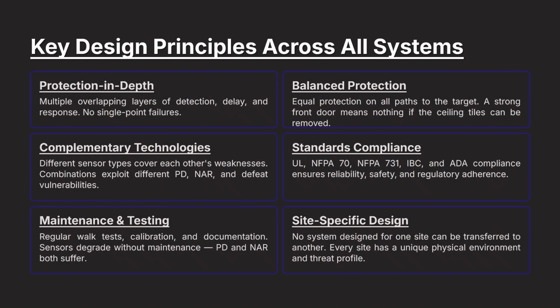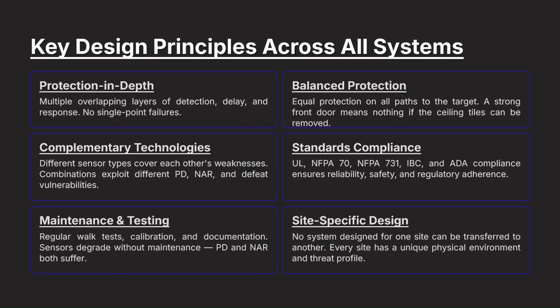Across all electronic security systems, certain design principles remain fundamental. Protection in depth ensures multiple layers of defense, reducing reliance on any single system. Balanced protection focuses resources effectively across all potential vulnerabilities. Complementary technologies combine different systems to offset individual weaknesses, improving overall reliability.